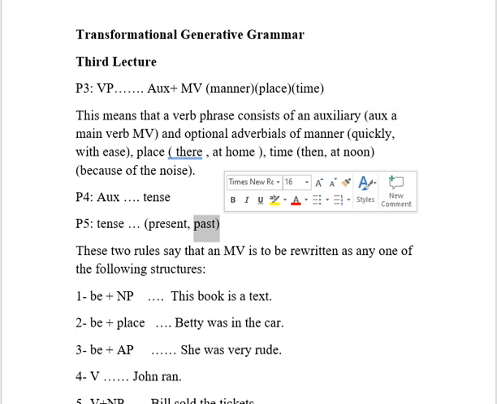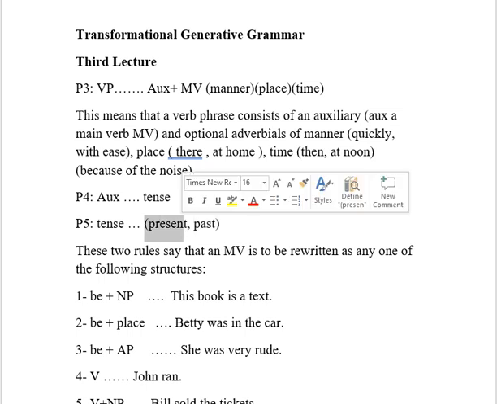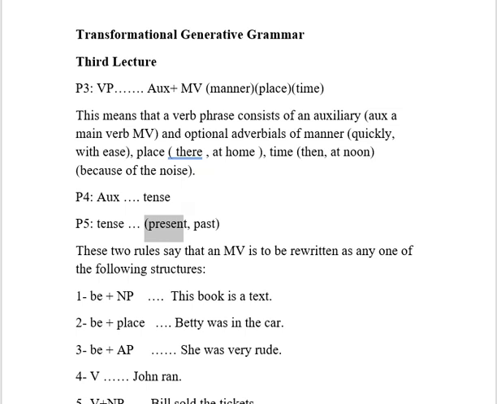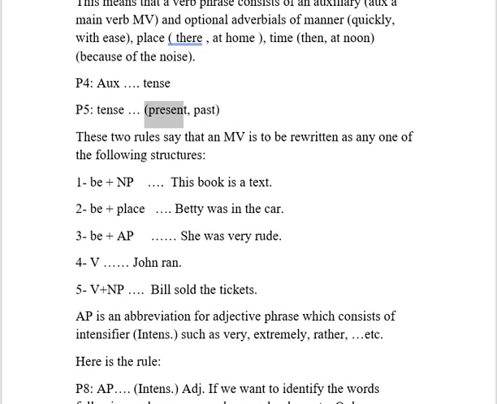That means the tense may be present or past in a sentence. These two rules say that a main verb is to be rewritten as any one of the following structures. I mean phrase structure 4 and phrase structure 5.